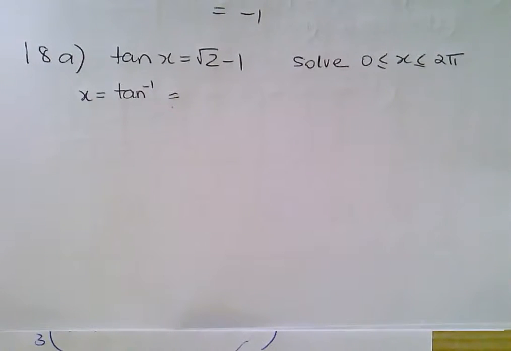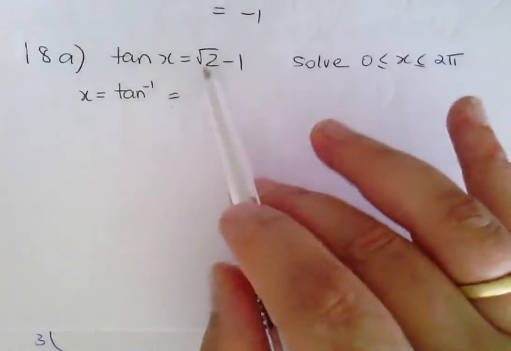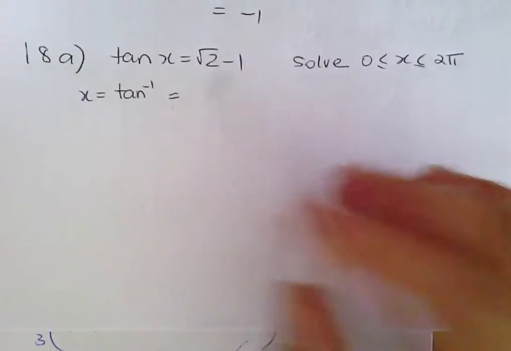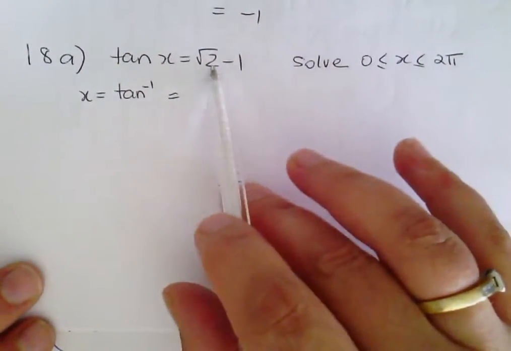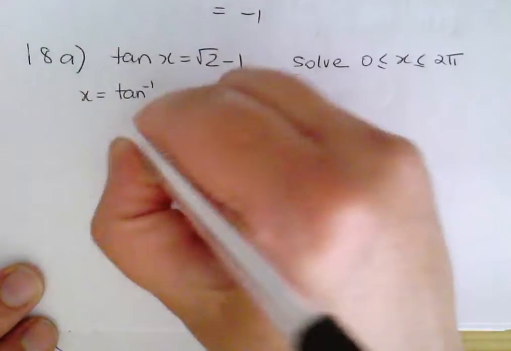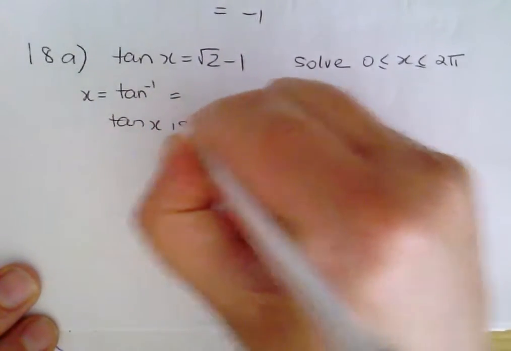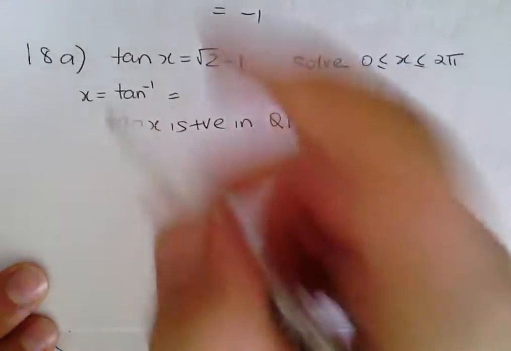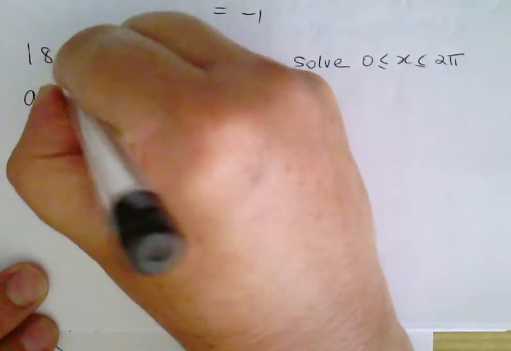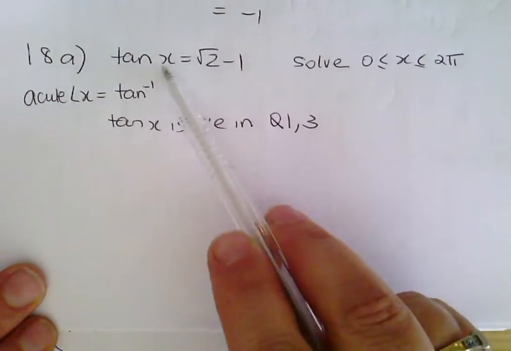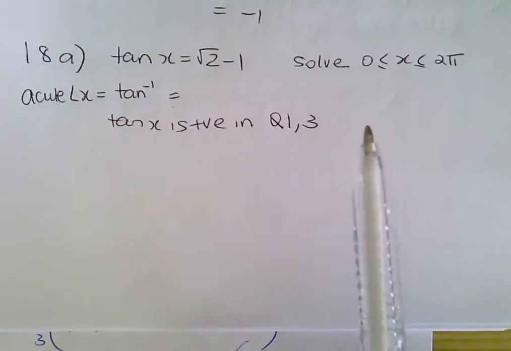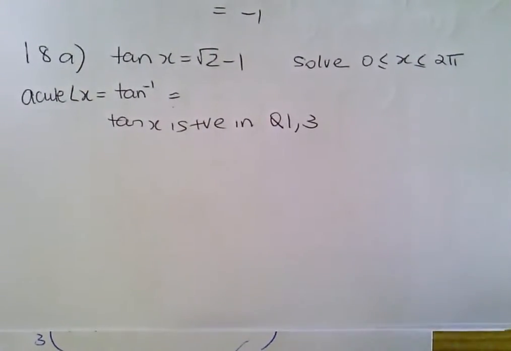No one knows it? 1.4. 1.4 minus 1 is 0.4, roughly. In other words, is it positive? Yeah. So tan of x is positive in quadrants 1 and 3. But I want my acute angle, x. You would just go tan to the minus 1 of root 2 minus 1. Now, I know they want this in radians, but just find it in degrees first.